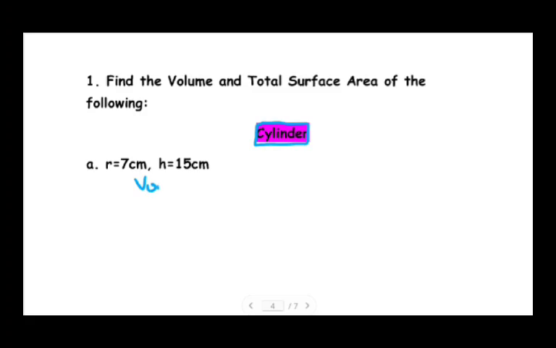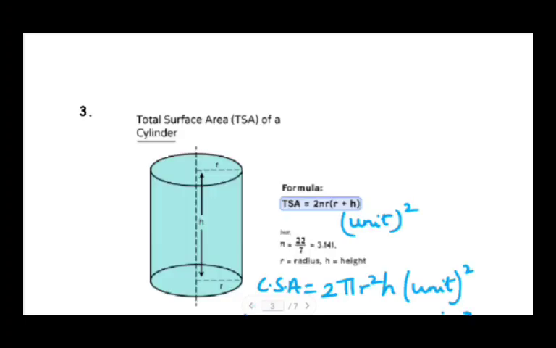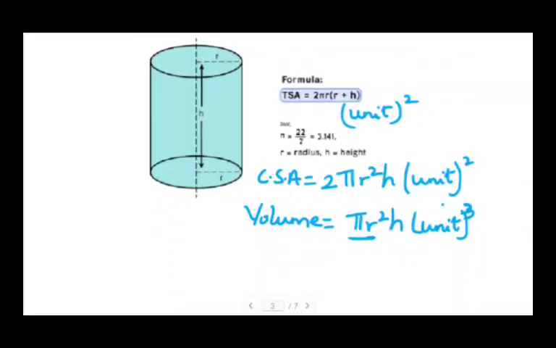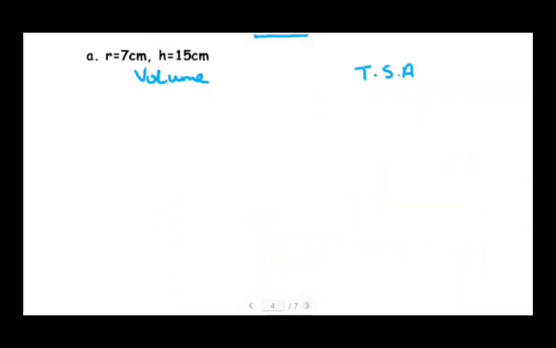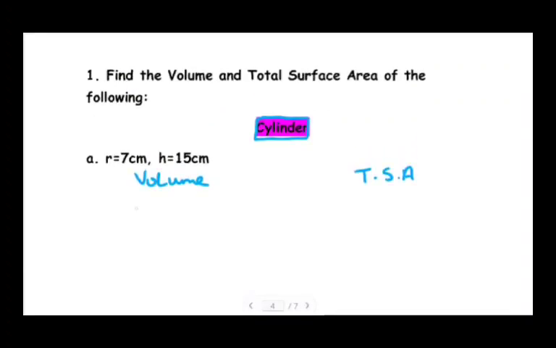So volume as well as total surface area to be found. So what is the formula for volume, children? Pi r square h. Volume is equal to pi r square h.